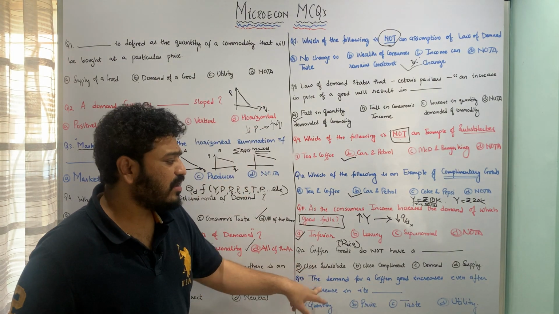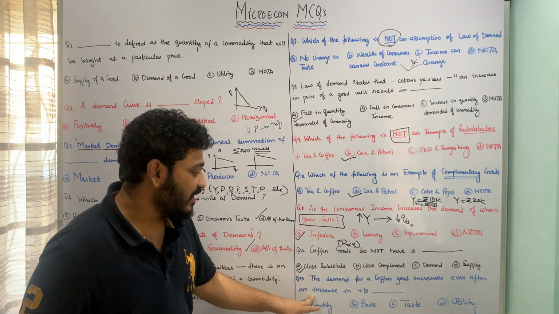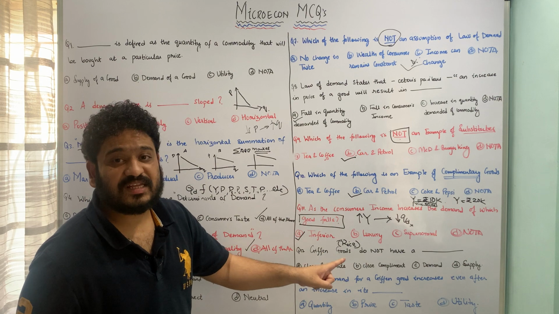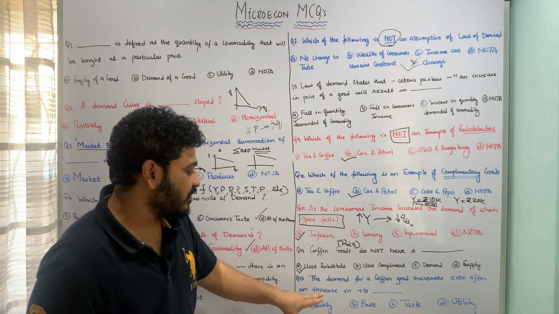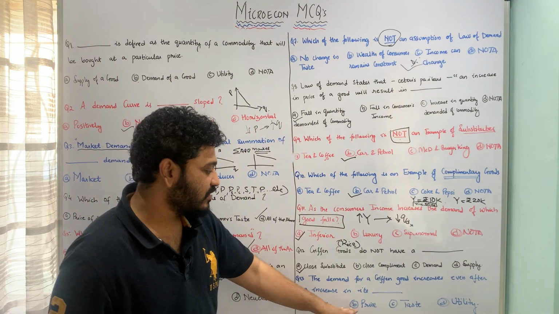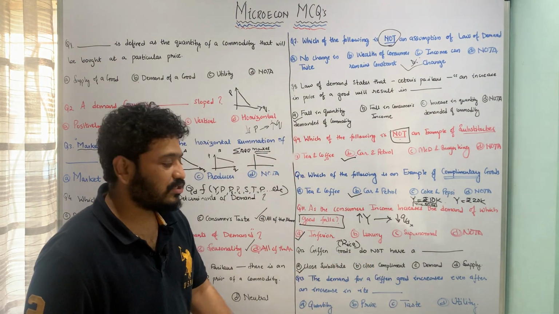Now, the demand for a Giffen good increases even after an increase in its dash: quantity, price, taste, or utility.